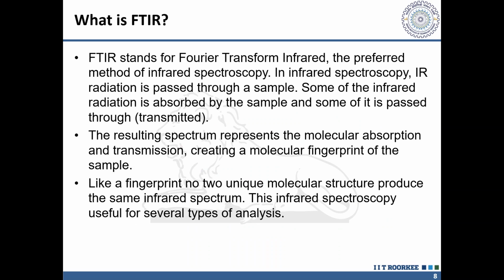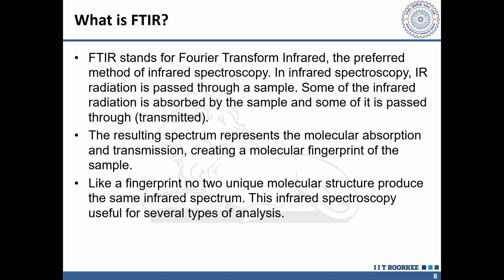And also friends, what FTIR actually stands for, we already know, I already explained: Fourier transform infrared, the preferred method of infrared spectroscopy. In infrared spectroscopy, IR radiation is passed through the sample, and some of the infrared radiation is absorbed by the sample, and some of it is transmitted.